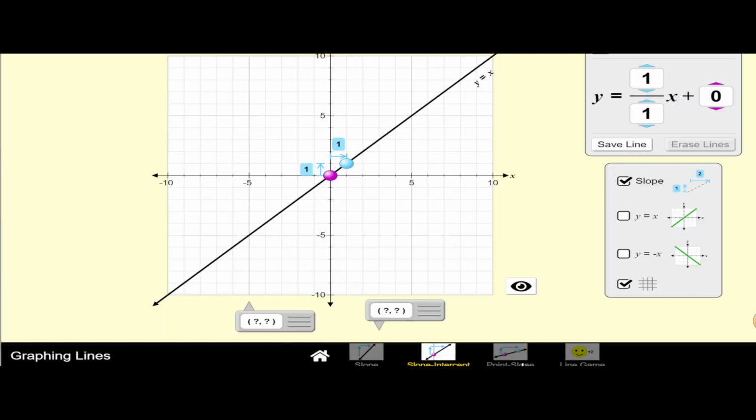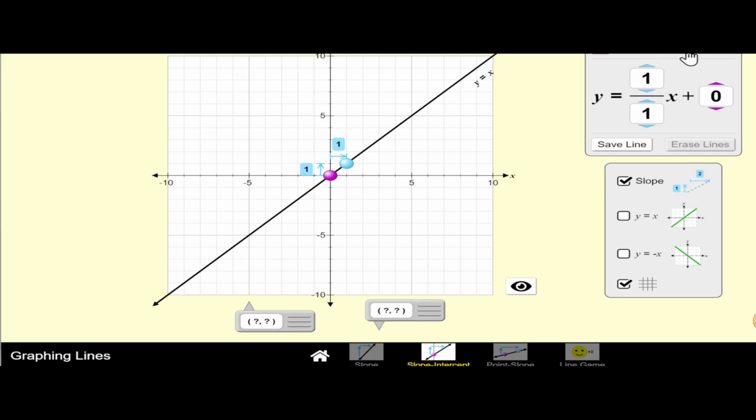The other software that we're going to be using, and I'm going to be using it now, is a website called PhET, P-H-E-T, and I'm also going to leave the link below. It has a whole bunch of these simulations, but this one is a particularly good one. We have y equals mx plus b.